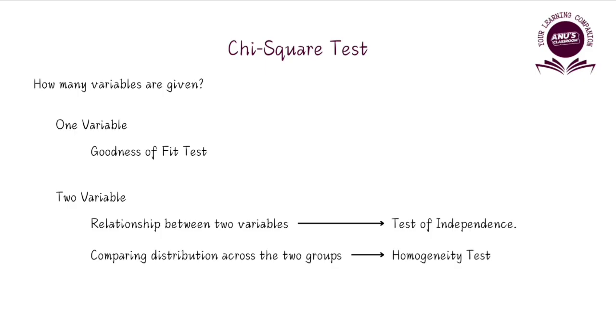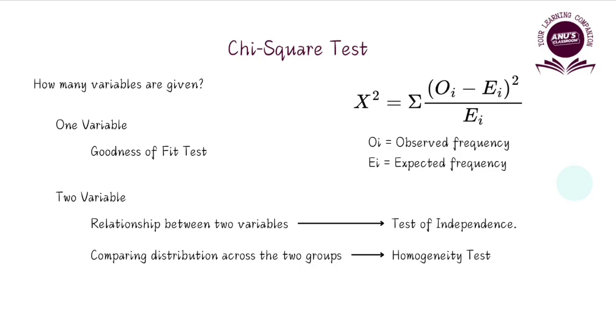To compute it, we can use this formula: chi-square, which is X², equals the summation of (Oi minus Ei) whole squared, divided by Ei, where Oi is the observed frequency and Ei is the expected frequency. You calculate that and sum everything up, and you will get the chi-square test statistic.